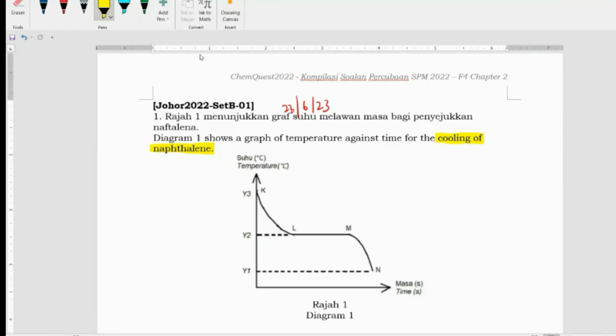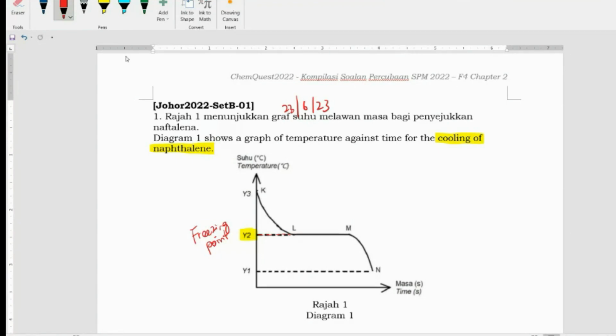Y2. Y2, yes. Okay, so you can knock down first. This is the freezing point, okay? Sometimes the question will ask you to label where is the freezing point. So you use the dotted line like this, okay? Ada constant itu lah. Okay, so this is a freezing point.